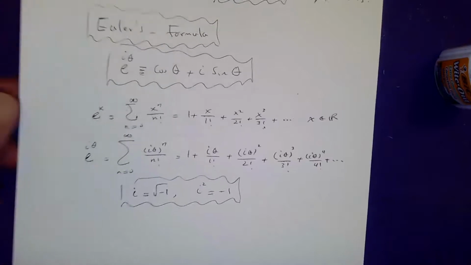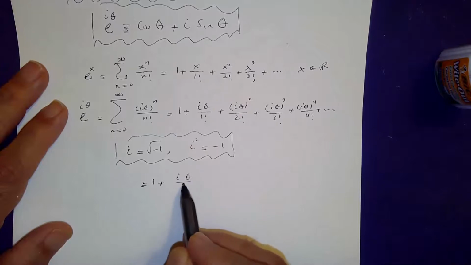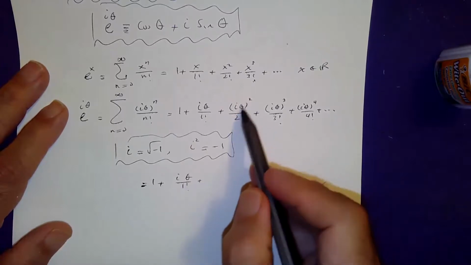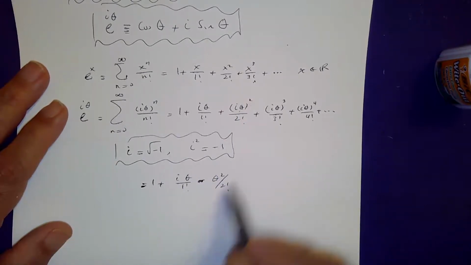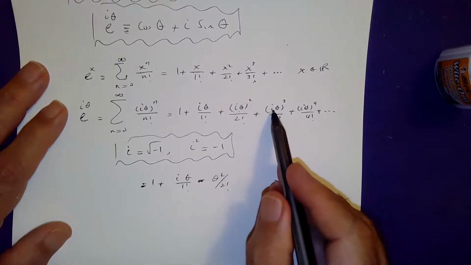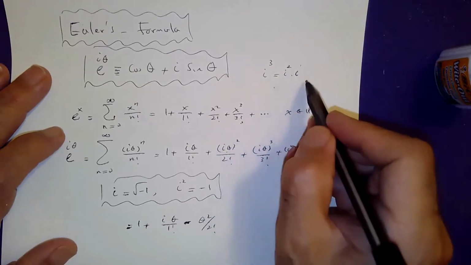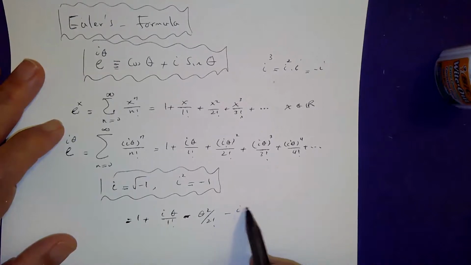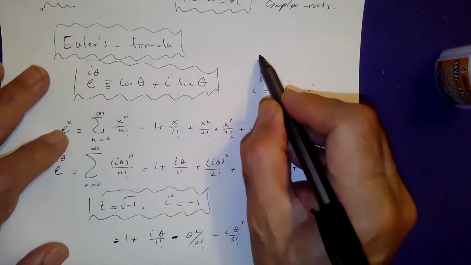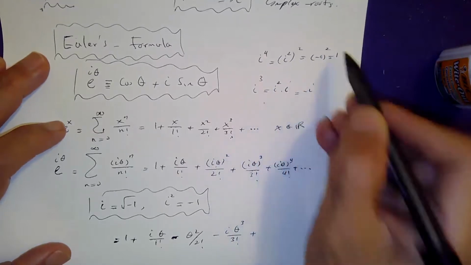That's that imaginary number. So if I simplify this, I get 1 plus i theta over 1 factorial. But check this out. Here, when you square i, you get minus theta squared over 2 factorial. Here, i cubed is i squared times i, but i squared is -1, so you get negative i theta cubed over 3 factorial. i to the 4 is i squared squared, which is -1 squared, which is 1.